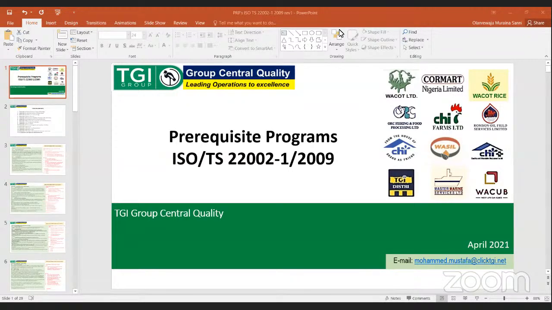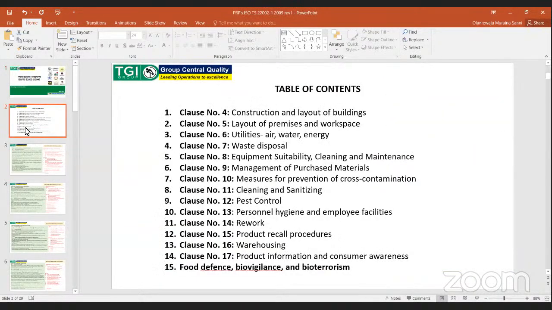So I'll be going line by line. This is the table of contents. Later, I may be sharing the ISO TS 22002-1:2009 version.